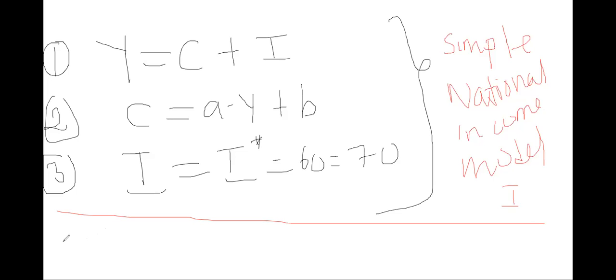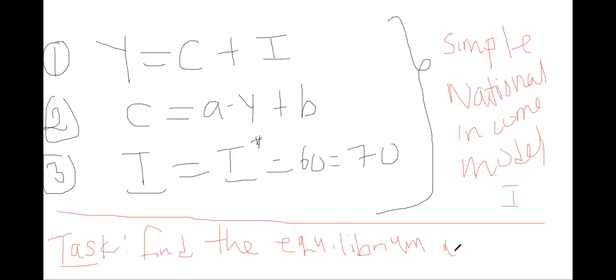So always the question will ask you, or what you will be asked to do is to find what? If this model is given to you, they will ask you to find the equilibrium national income.